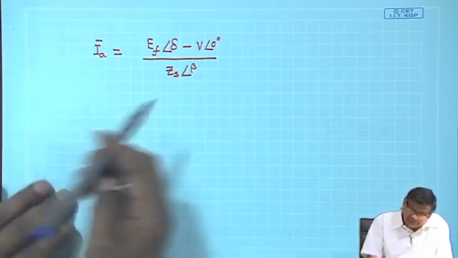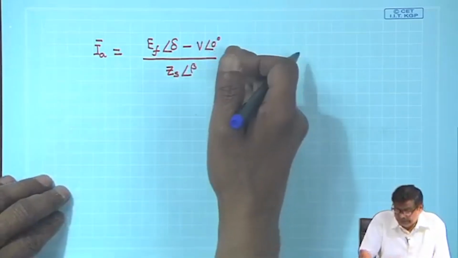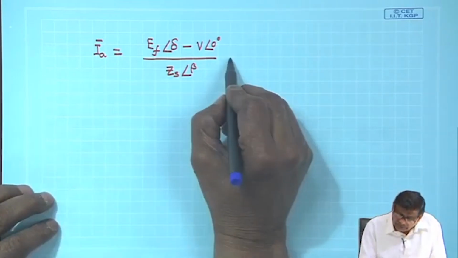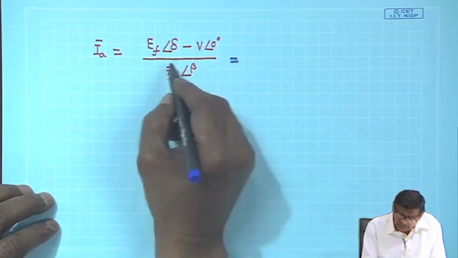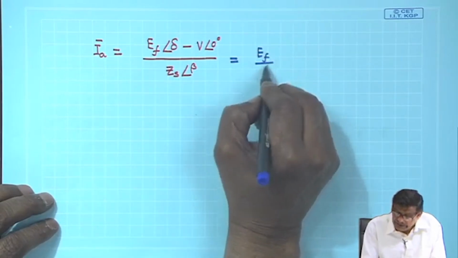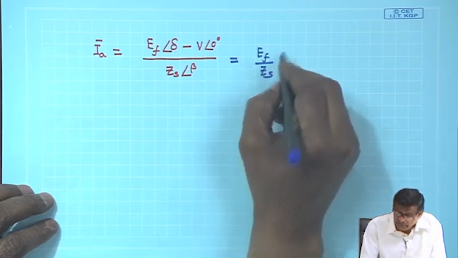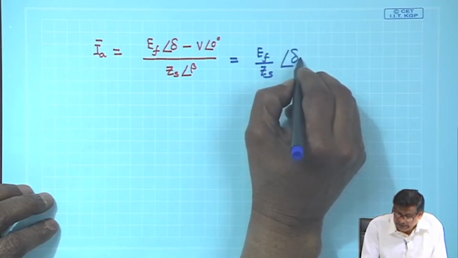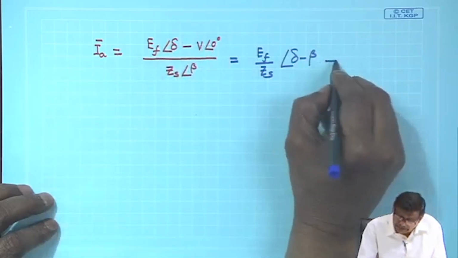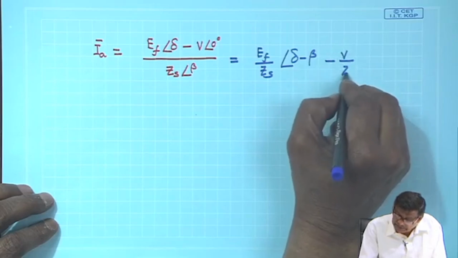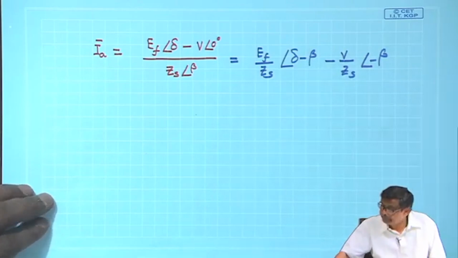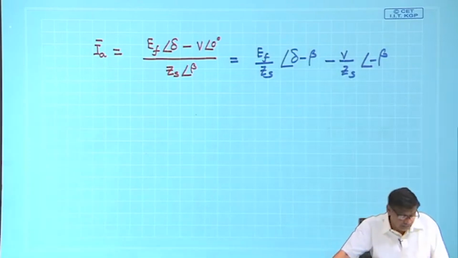Got the point? The next mathematical steps are very routine type. What you simply do is separate these two terms: E f by Z s will become angle delta minus beta in polar form, and minus V by Z s, angle of minus beta. This will be the thing. Now, what is my goal?